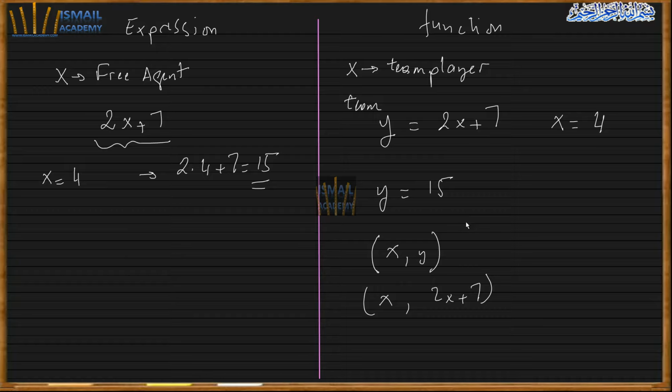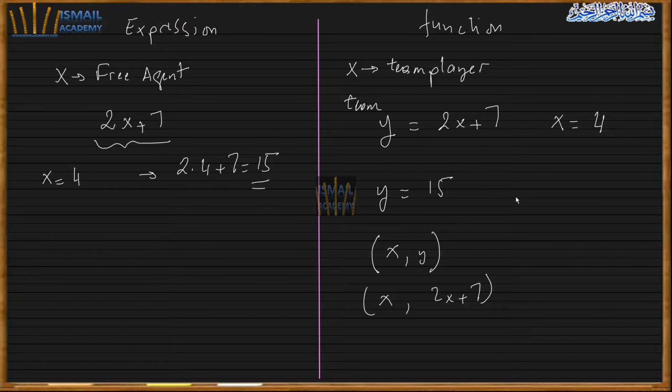But here is different. It means the y always expects input to get its output. So in terms of drawing, I can graph a function, but I cannot graph an expression. That's the difference. Why?